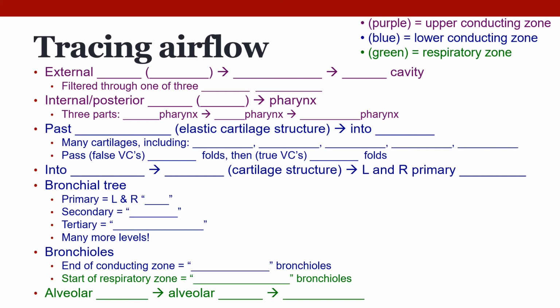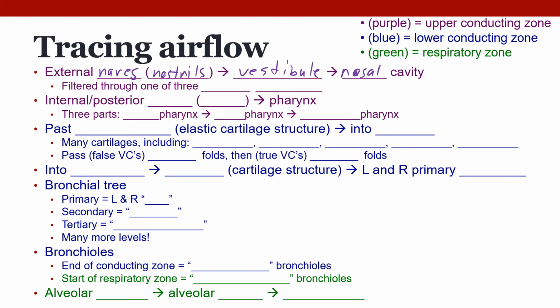Okay, so in our upper conducting zone, air enters through the external nares, also known as the nostrils. Okay, then flows into the vestibule, and then into the nasal cavity.